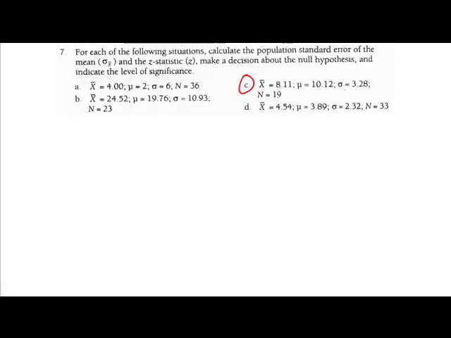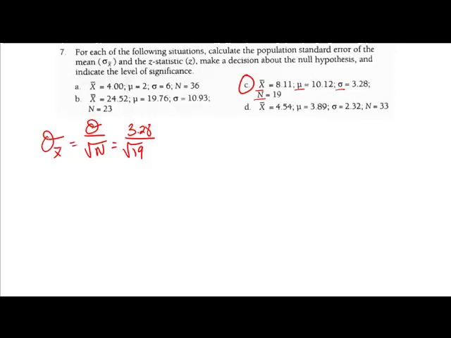First step, I've been given X, I've been given mu, I've been given sigma, and I've been given N. So I need to turn that sigma into the standard error by calculating sigma over the square root of n, 3.28 divided by the square root of 19. Grab my calculator.